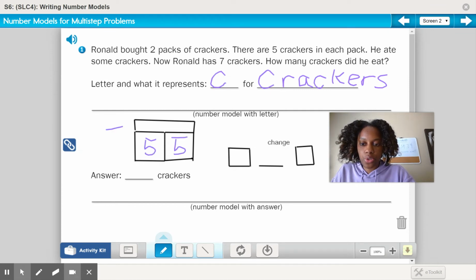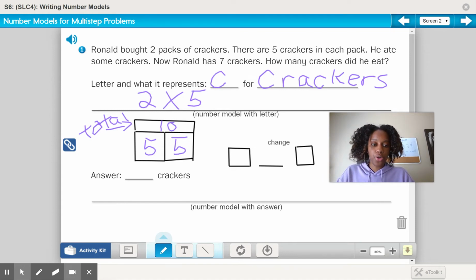So our total, which goes here, the total number of crackers is 5 and 5 again. In other words, 2 times 5 is 10.